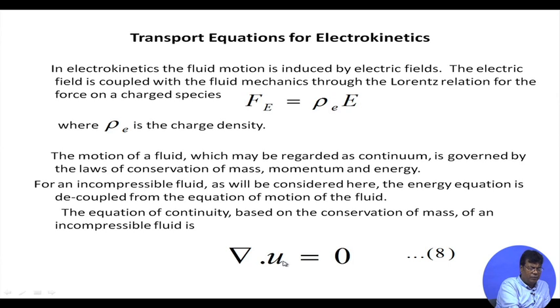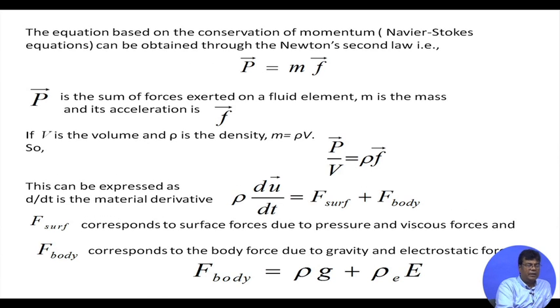u is the local fluid velocity vector, it is a vector at any point x, y, z, say if it is in Cartesian. Now, the second equation is called the equation of momentum. This is based on the conservation of momentum principle. This is basically nothing but Newton's second law, which is P equal to mf.